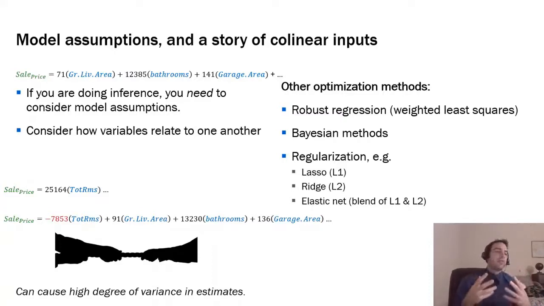It's helpful to know that each of these will have different impacts when your input variables are related to one another. For example, if you compare lasso and ridge regression, if you have a set of inputs that are similar to each other, in the context of lasso, what tends to happen is that it will pick a surviving variable, and for the other variables, their coefficient estimates get pushed towards 0.